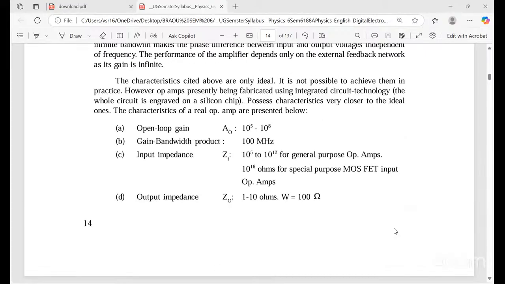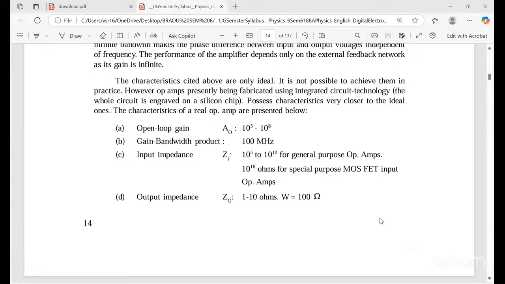The operational amplifier is presently fabricated using integrated circuits, ICs. The whole circuit is engraved on a silicon chip. So what are the characteristics of a real op amp? Op amp gain is 10 power 5 to 10 power 8.